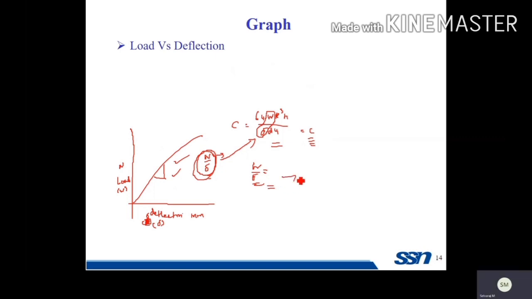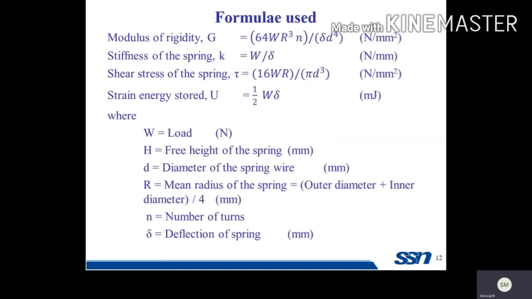Here we have calculated the value of G, modulus of rigidity, and also the value of stiffness. You have calculated some 8 readings of G, so you find the average of G, similarly the average of K. That must be compared with the graphical value.